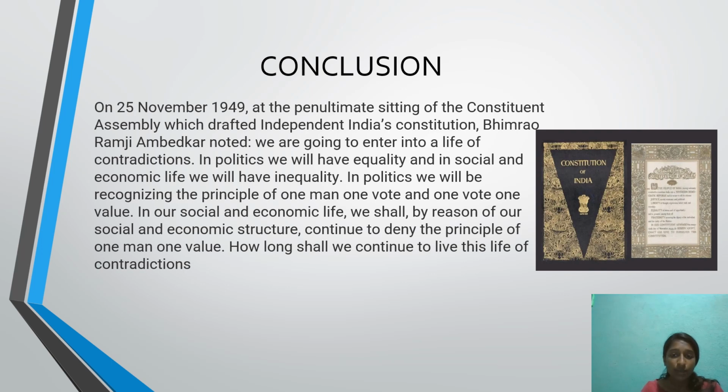In politics, we will be recognizing the principle of one man, one vote, and one vote, one value. In our social and economic life, we shall, by reason of our social and economic structure, continue to deny the principle of one man, one value. How long shall we continue to live in this life of contradictions?"